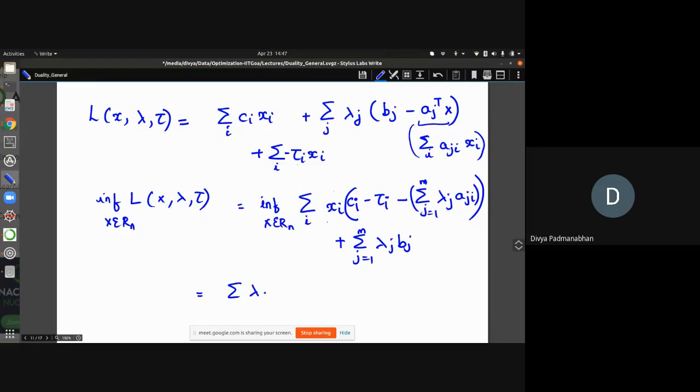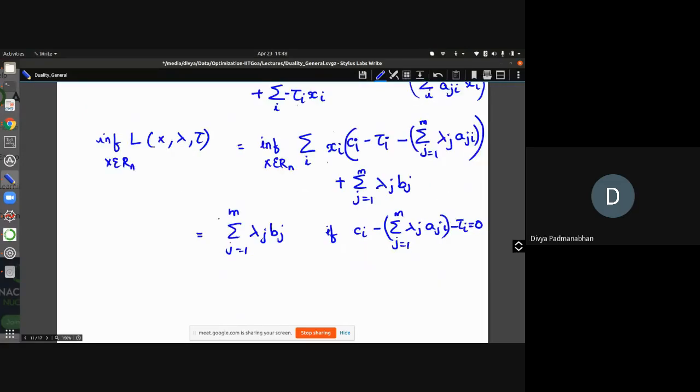So this is going to give you summation lambda_j b_j, j equals 1 to m, if c_i minus summation lambda_j a_ji, j equals 1 to m, minus tau_i is equal to 0. And if not, this is going to take a value of negative infinity. So it's unbounded basically. Otherwise it's going to be minus infinity.